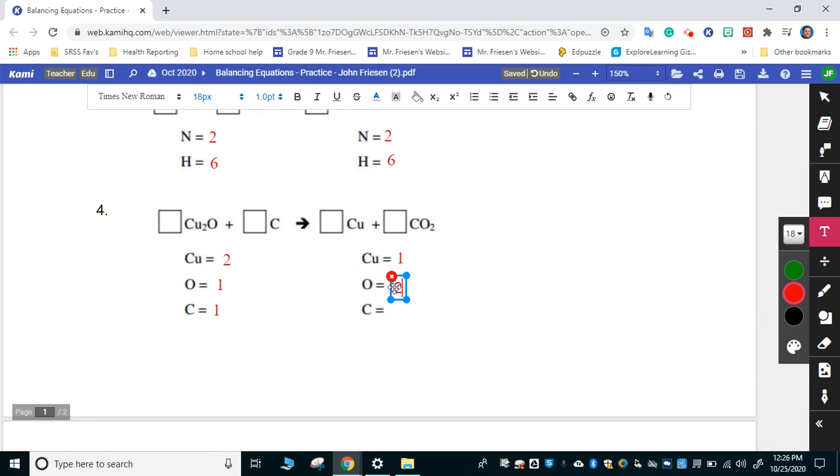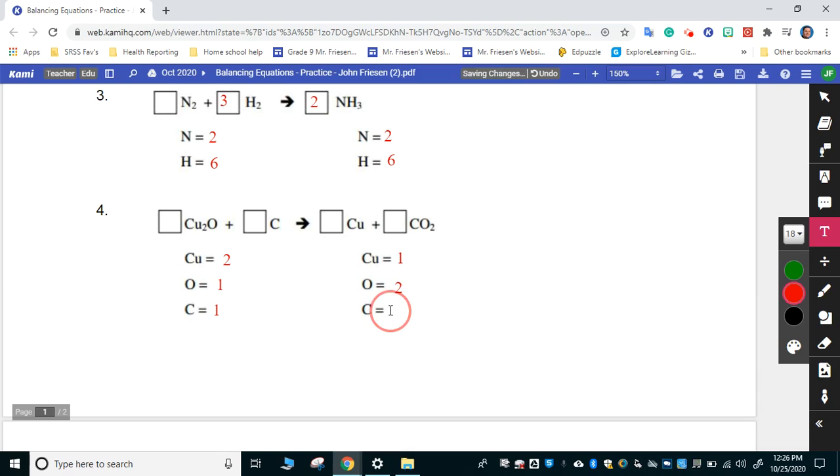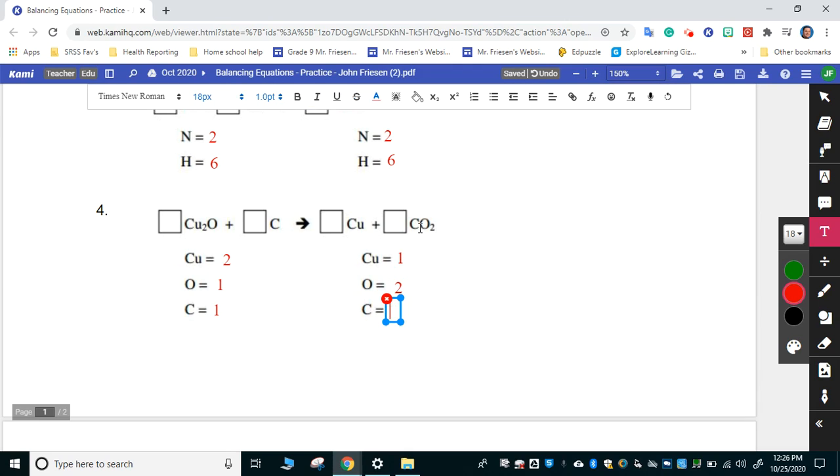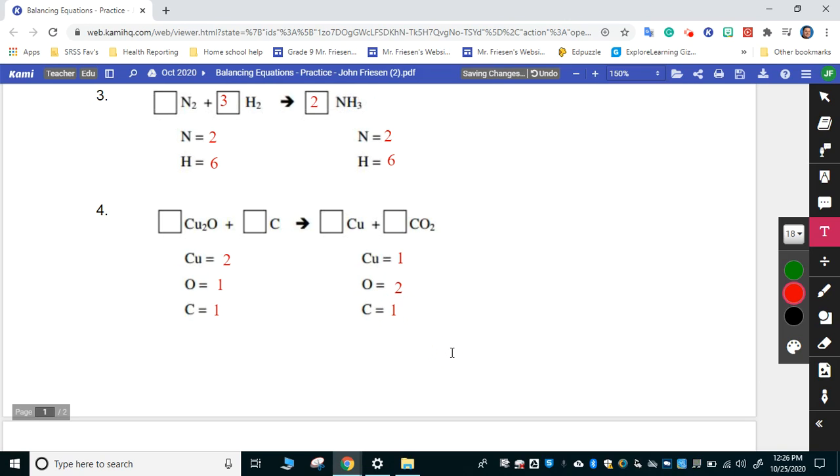We have a 2. And we have a 1. Okay, so let's take a look at how it's balanced out. Is any of it balanced out? Well, our carbon is balanced here. And we have what is called a single displacement reaction here, as far as types of reactions. But let's see what we can do to balance it out, okay?